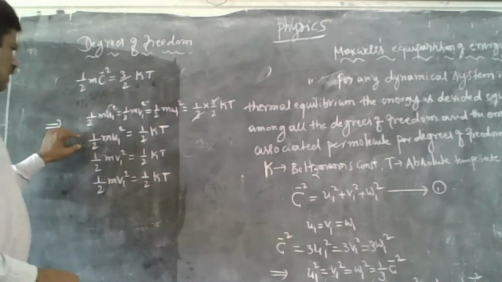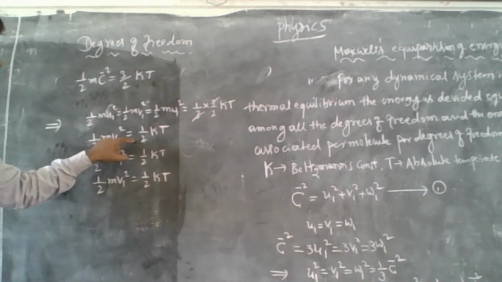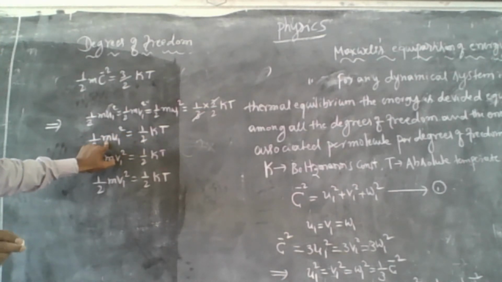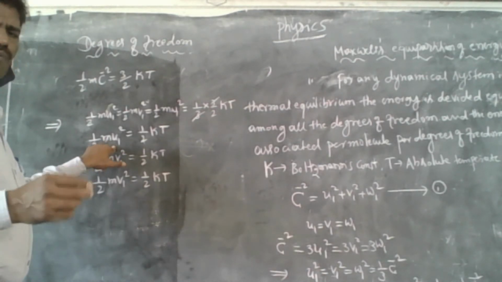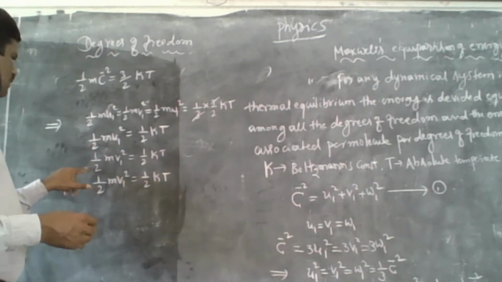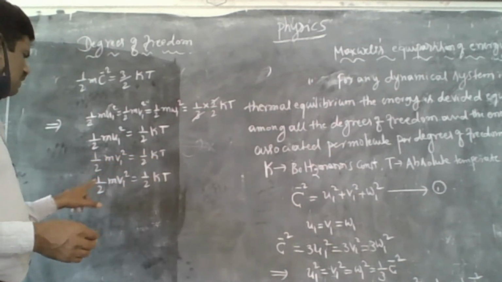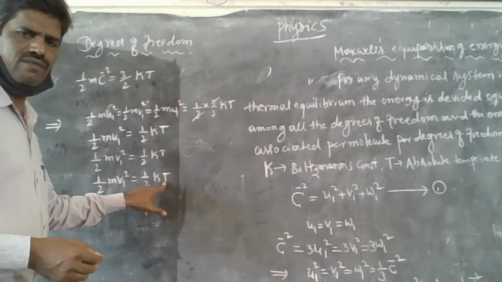Here is the kinetic energy, the average kinetic energy of the molecule: 1/2 m u1 square is equal to half kT, where m is the mass of the molecule and u1 is the velocity component of the molecule. Here 1/2 m v1 square equals half kT, and 1/2 m w1 square is equal to half kT, isn't it?